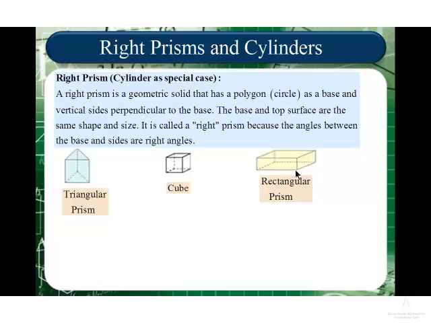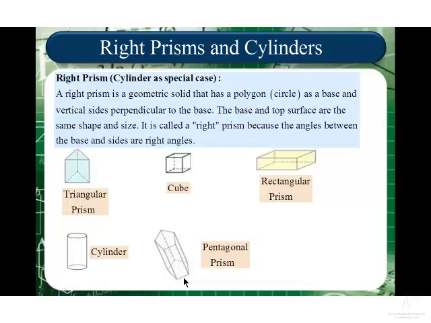Next, we consider the cylinder, where we have the base and top two identical circles, and we have the side, in this case, perpendicular with respect to the base and top as circles, being the curved side as indicated. This then, the cylinder, as a special case of a right prism. We also have the pentagonal prism, where the base and the top are pentagons, regular pentagons in this case.